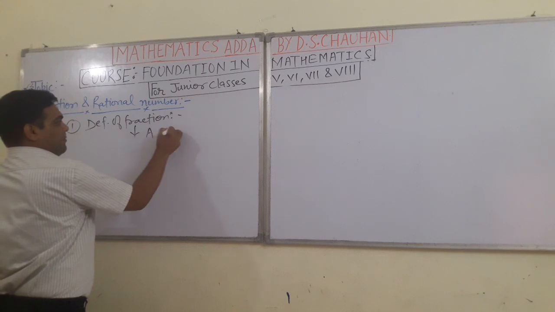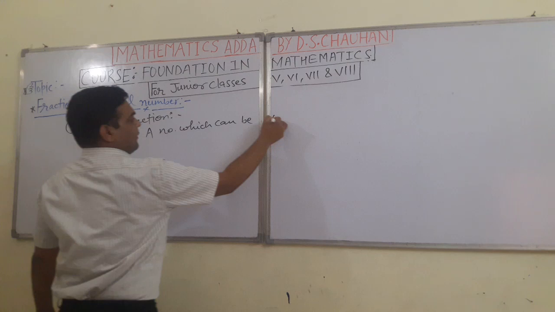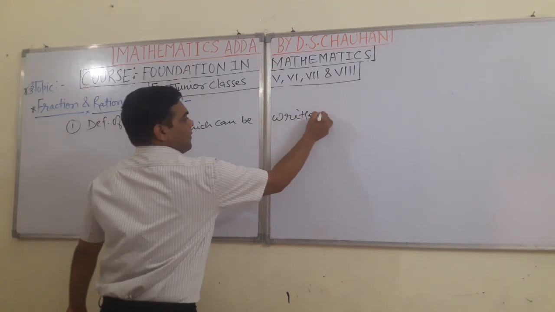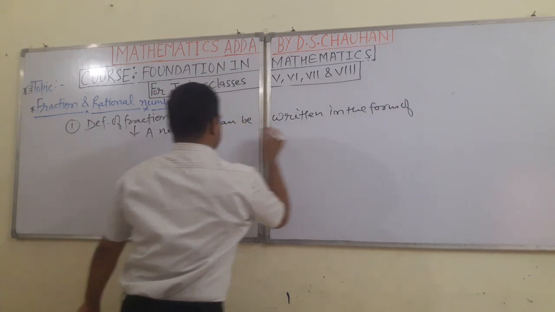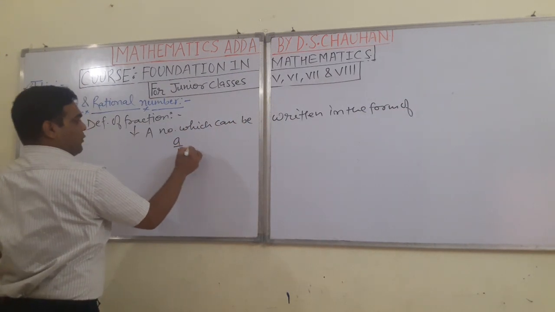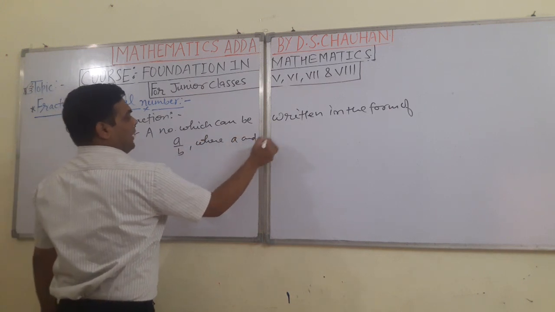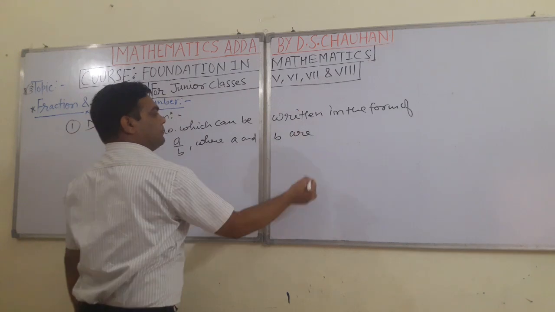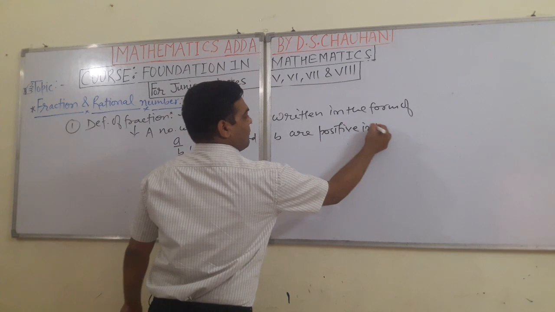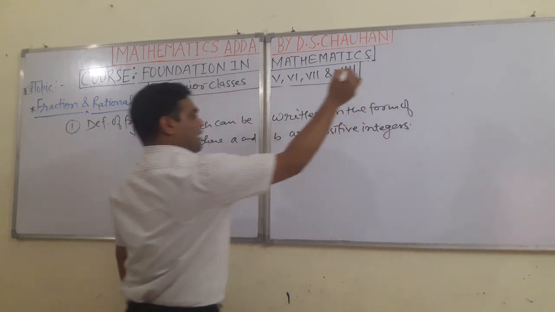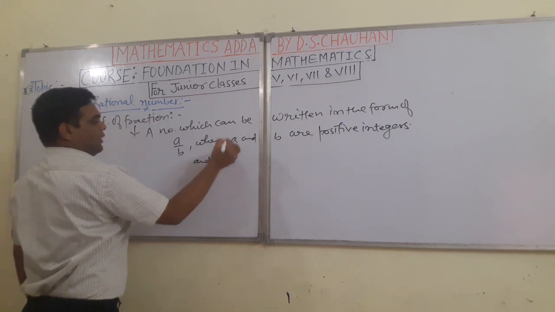A number which can be written in the form of a by b, where a and b are positive integers and b is not equal to 0.